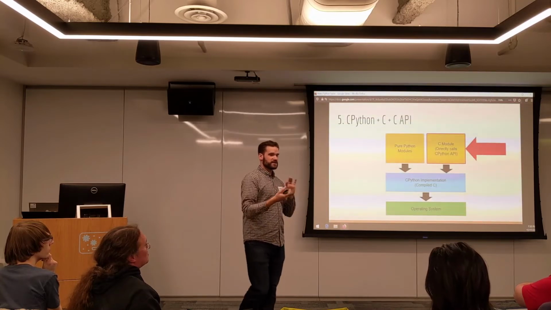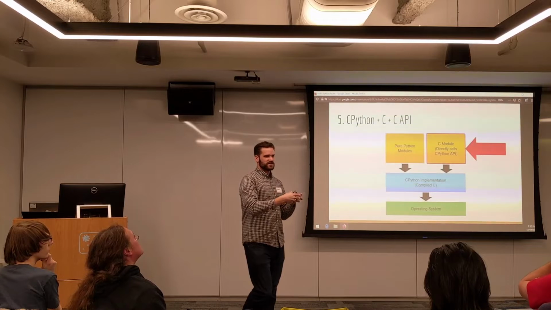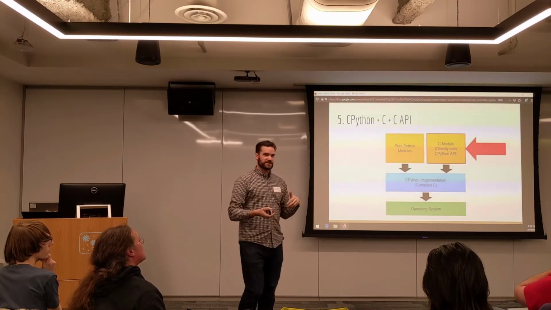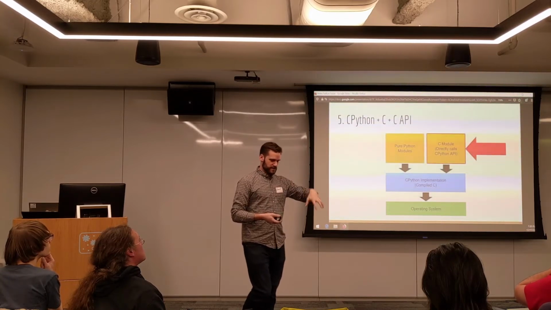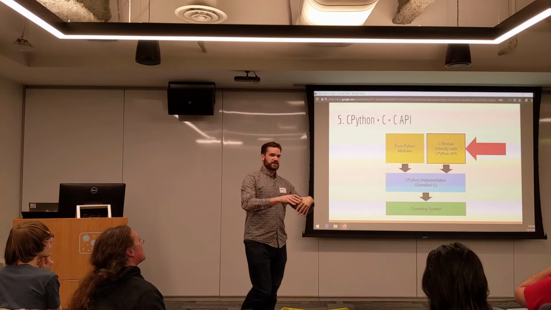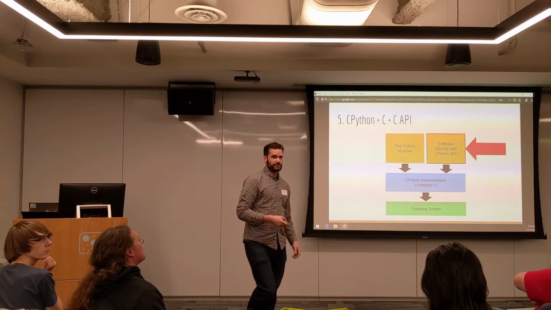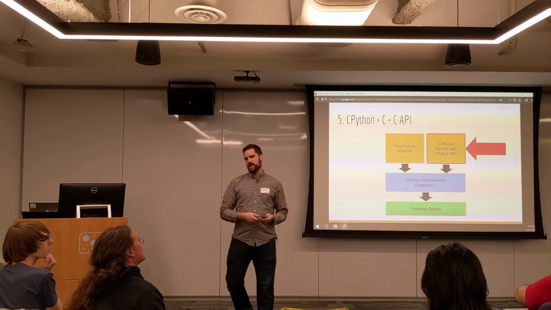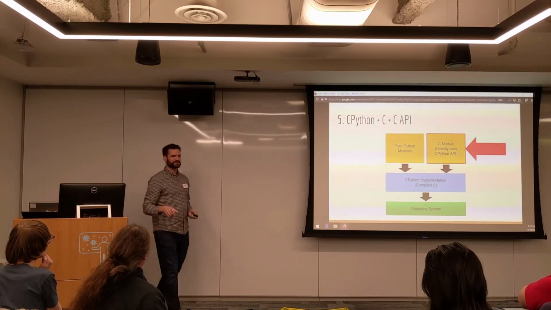But it's in C, and it's speaking the language that the C interpreter does explicitly. Whereas what C types does is it specifies it in Python, and then under the hood there's libraries which do that in an automated way. So C types, you define the API in Python syntax. In the C API, you define it in C syntax. Yeah. It might be easier if I just show you.